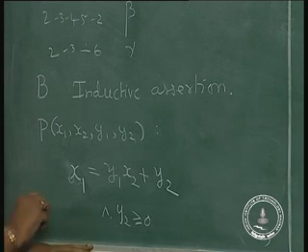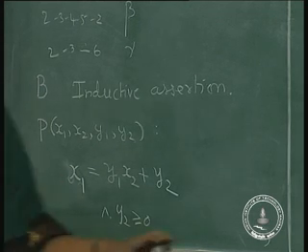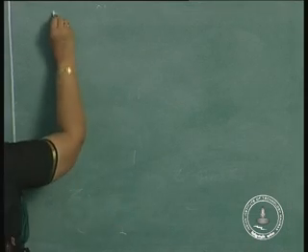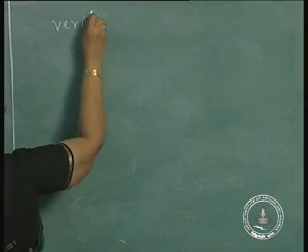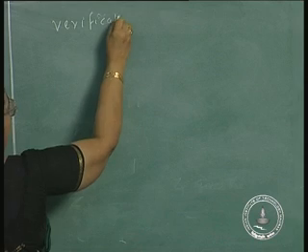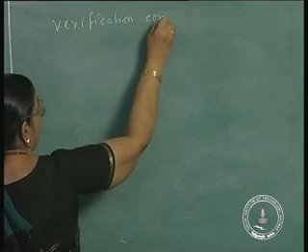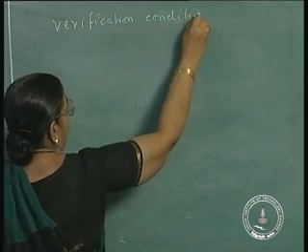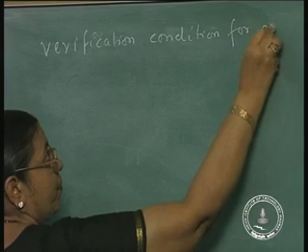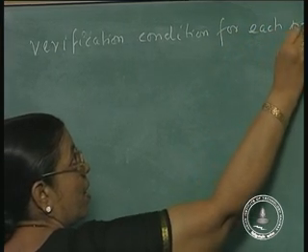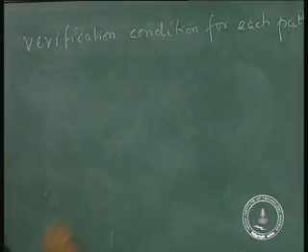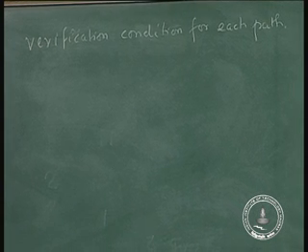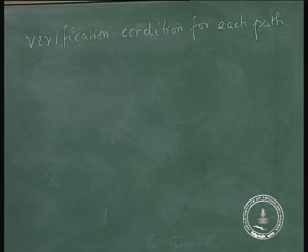Now, taking this, we have to form verification conditions for each path, and we have to prove that it is correct. Now, look at the path alpha.